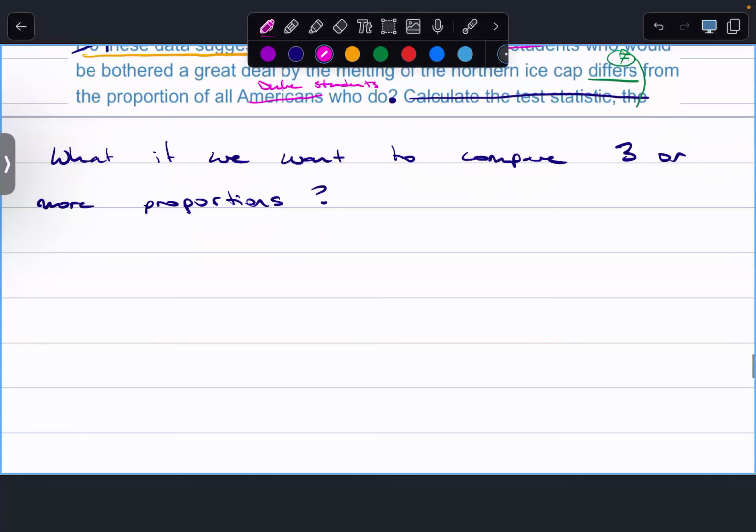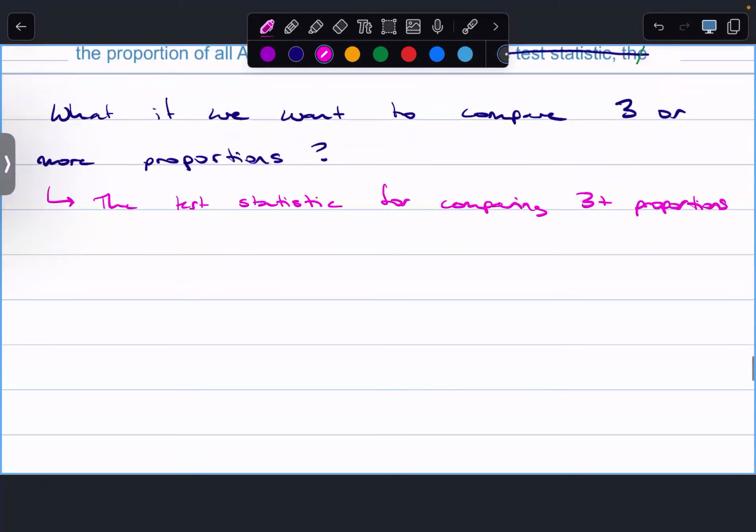So here, the test statistic for comparing 3 plus proportions. I mean, you could use it for 2, but then it becomes a Z and kind of defeats the purpose. And so 3 plus proportions is called the chi-squared.